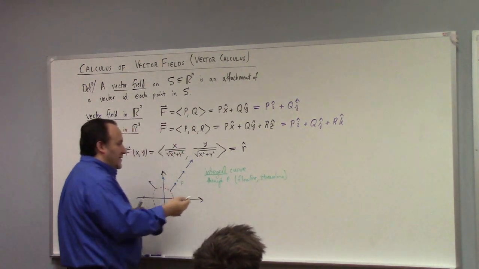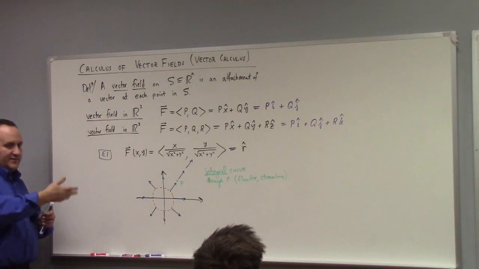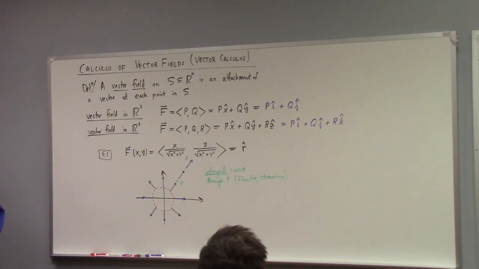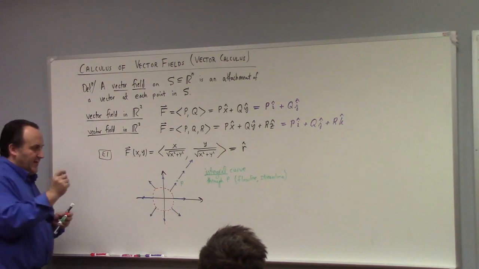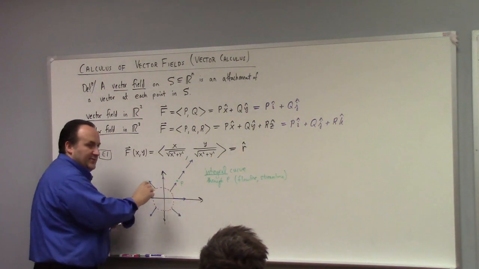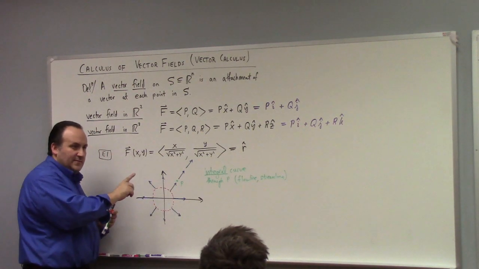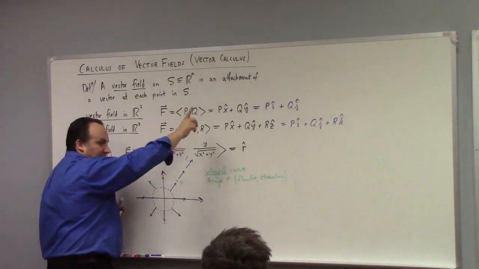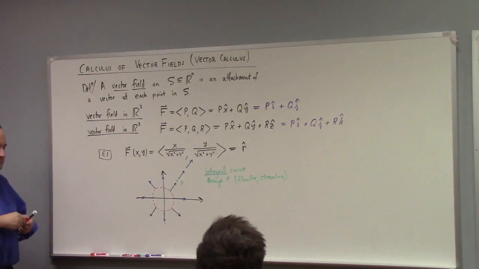In that terminology, you have in mind the idea that this vector field is like a velocity field of a liquid or something. So if you could imagine dropping a drop of dye into the liquid and watching how the dye spread out, it would flow along this flow line, streamline.